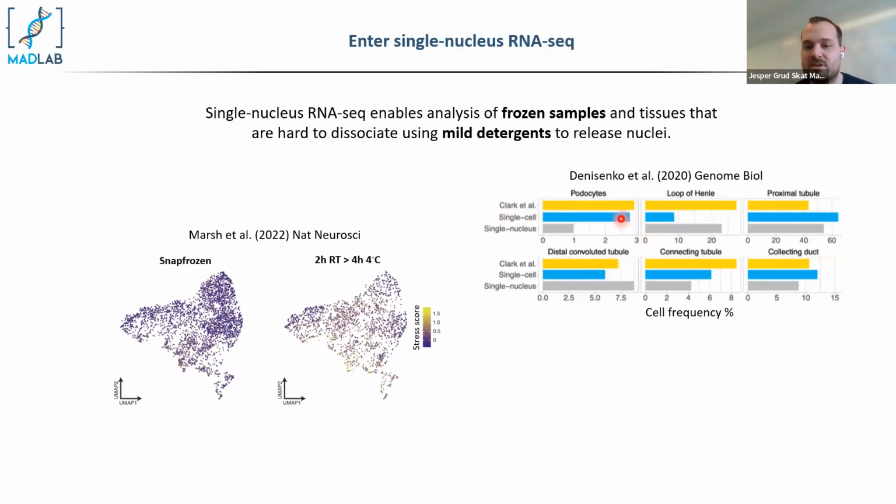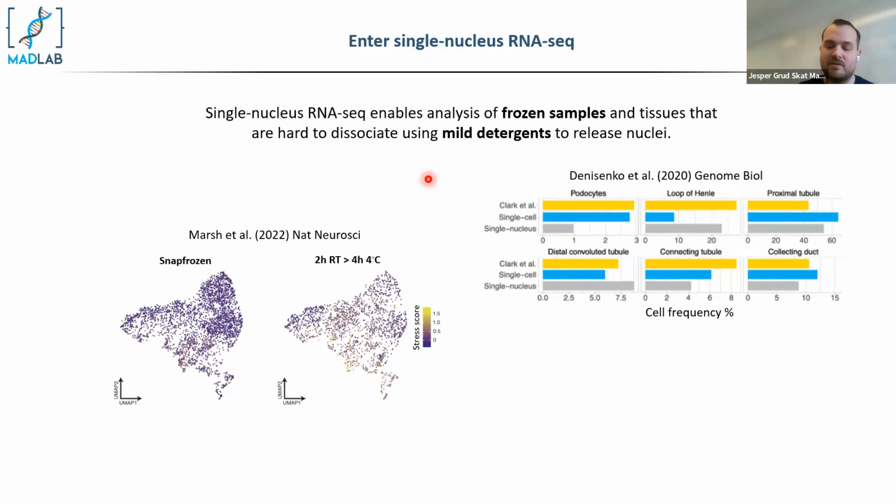And you can see here that, for example, if we look at podocytes, single cell is much better at recovering the true distribution, whereas if we look at the loop of Henle, it's actually the opposite. So I would say that single nucleus and single cell are both struggling a little bit to find the underlying composition, and they both have biases, but they do have different biases, which means that we shouldn't be comparing compositions across these types of data.